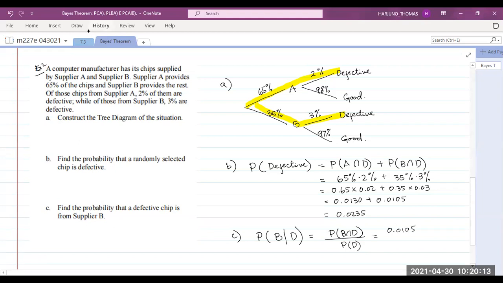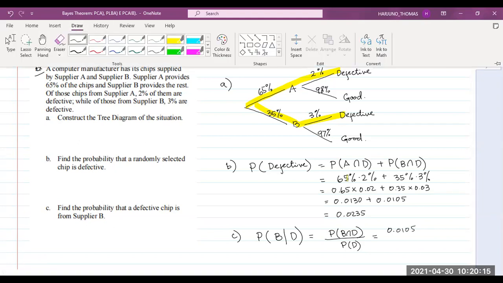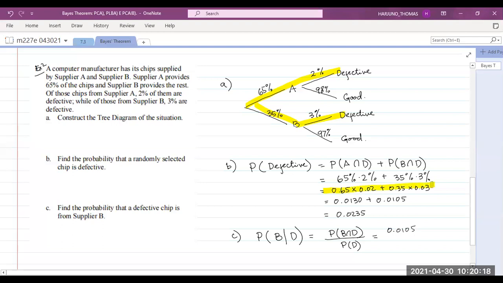0.0105. That's why I do not recommend you to compute this right away and get this. No, I don't recommend it, because you're supposed to compute one by one. Get this first and then get this and then add this. Otherwise, you don't have this number to use in your next step. Okay?